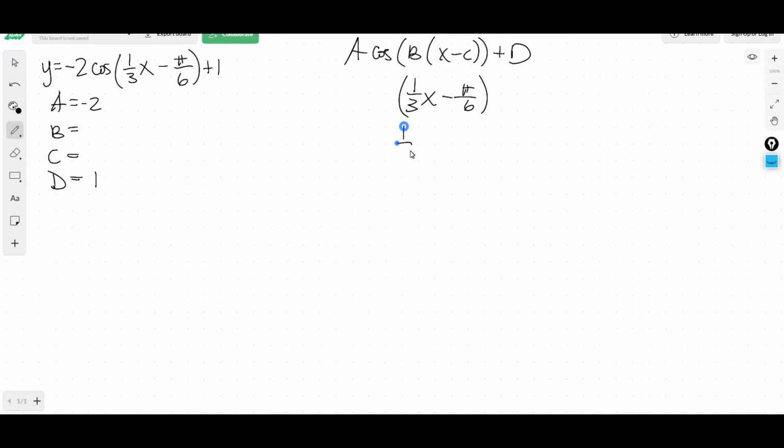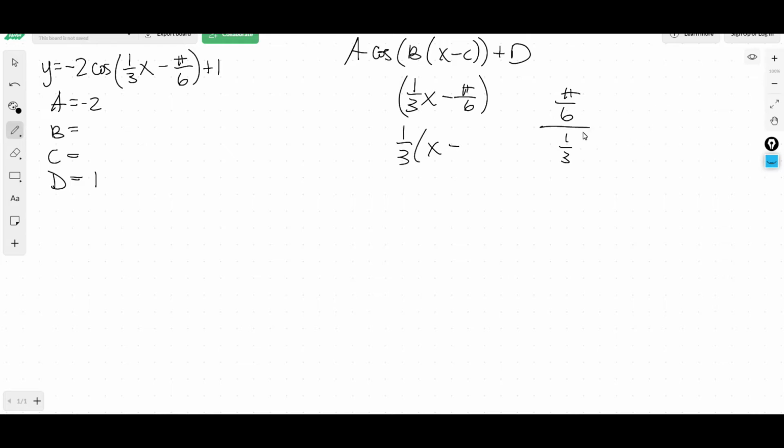So that means I need to factor out 1/3. It has to be 1/3 because if I don't, then I'm leaving something behind with the x. The only thing that I can factor out is all of it. And that might seem kind of challenging, to factor out 1/3 from pi over 6. Factoring, though, just means that you're dividing.